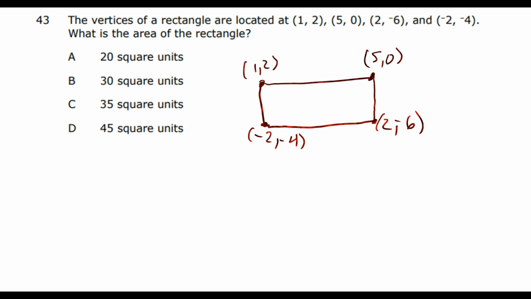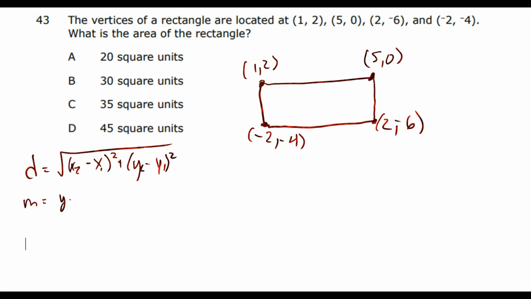I was going to use my shortcut that I use in class, and find the slope, which is y sub 2 minus y sub 1 over x sub 2 minus x sub 1. But I think I confuse some of y'all when I do this, so I'm just going to use the distance formula, d equals the square root of (x sub 2 minus x sub 1) squared plus (y sub 2 minus y sub 1) squared.